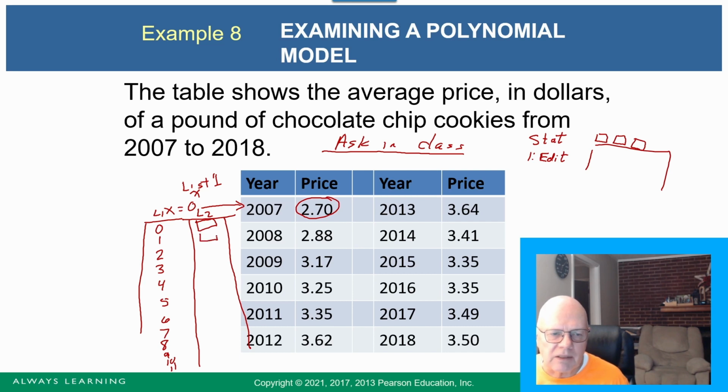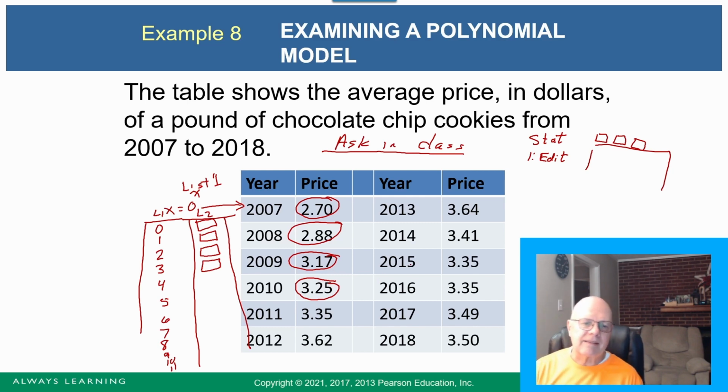Right next to the 1, you need 2.88. Down here next to 2, you need 3.17. To the right of the 3, you want 3.25, and so on. Put all those in and have them ready. Bring them to class, and we'll go on from there.